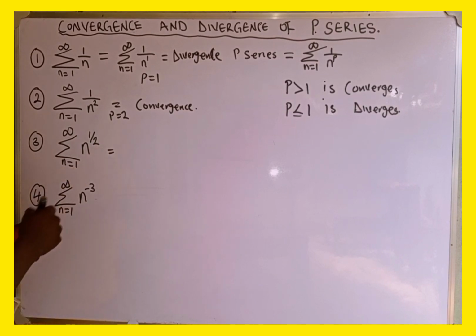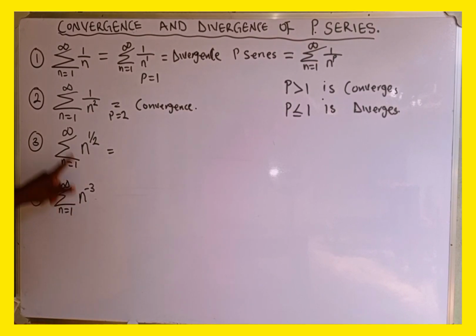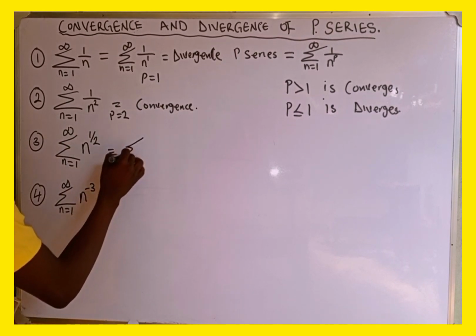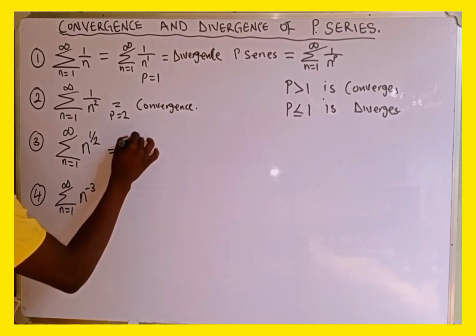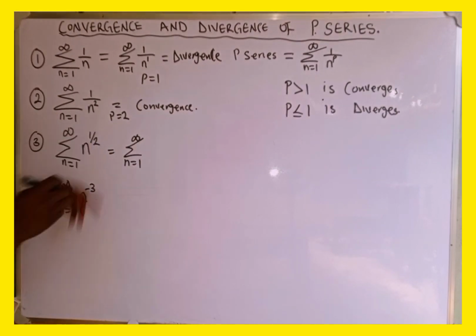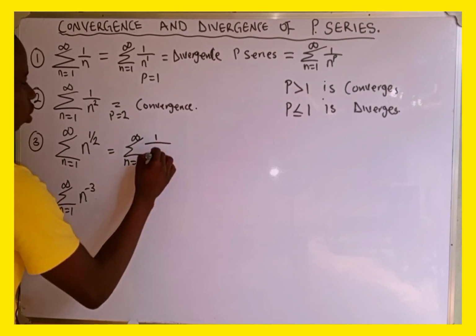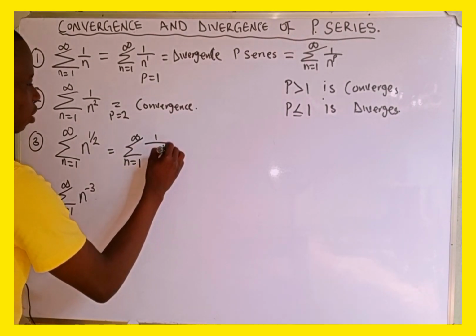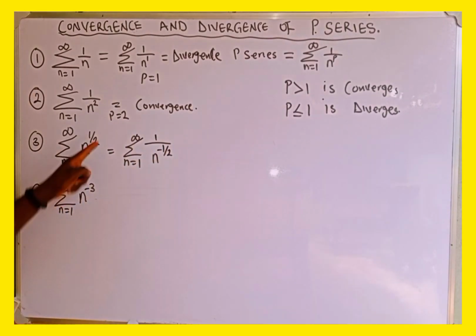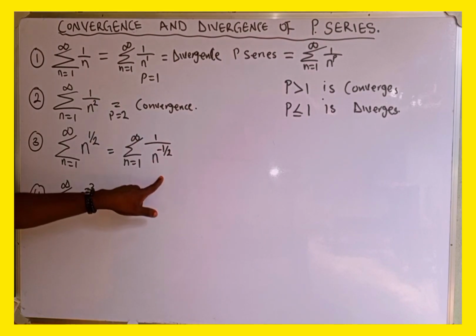So let us look at number 3. We have summation as n ranges from 1 to infinity, n to the power of half. This can also be written as summation as n ranges from 1 to infinity, 1 all over n to the power of 1 over 2. You just take the power and change it to negative because it's coming to the denominator.